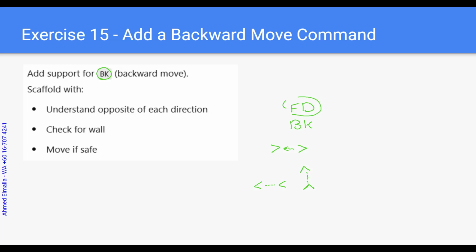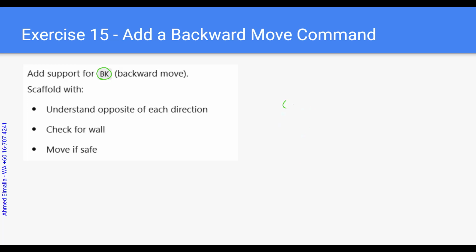So if direction is right, then pointer row equals board pointer row -1, and then yeah, column also -1.